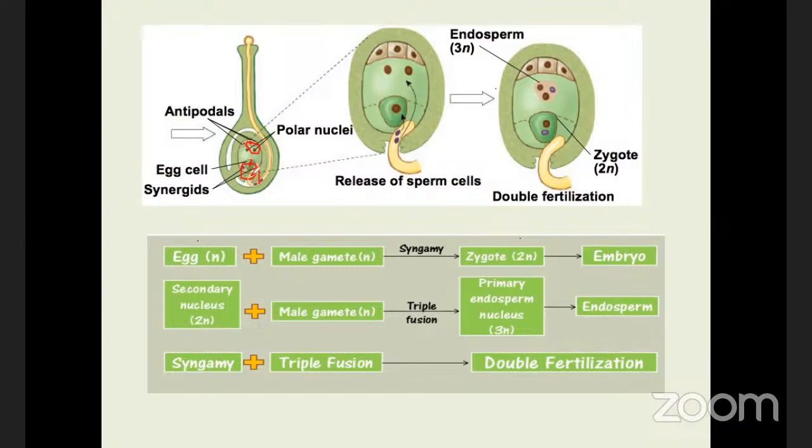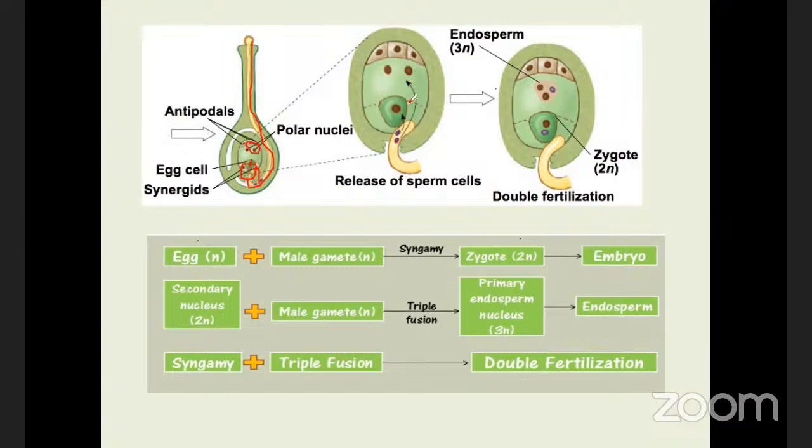One egg cell, two synergids. Here the pollen germinated and formed the pollen tube, reaching towards the ovule through the micropylar end, porogamy usually. You see the release of the sperms, two male gametes, toward the embryo sac.